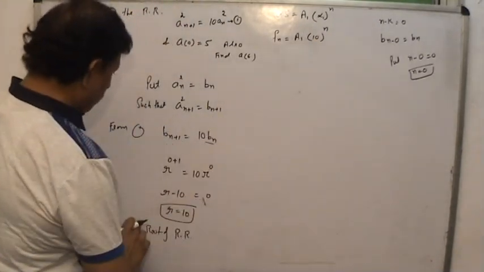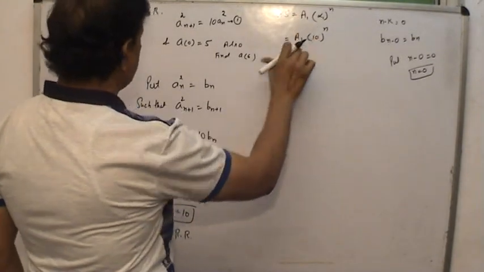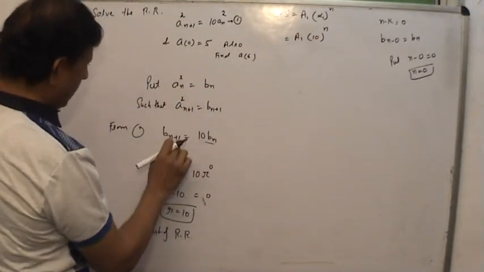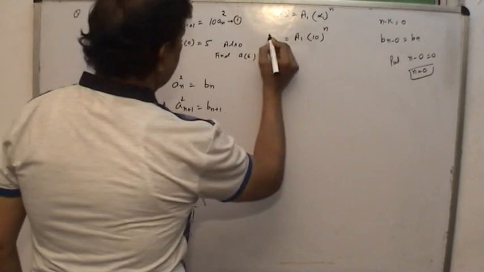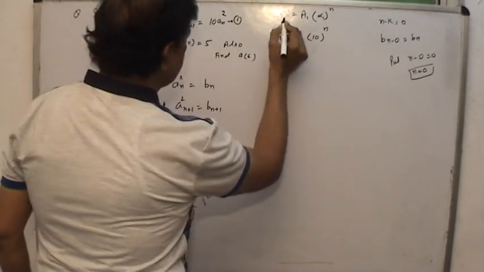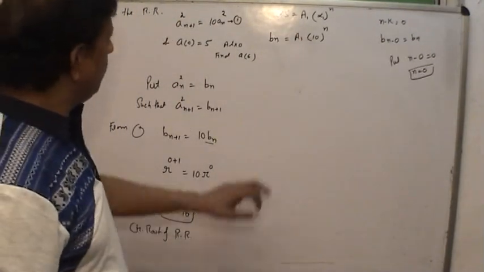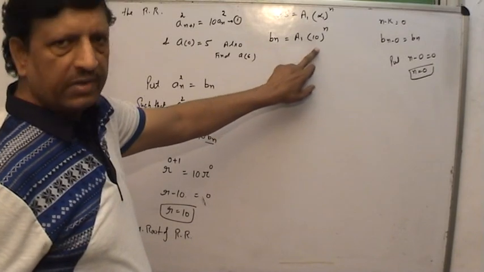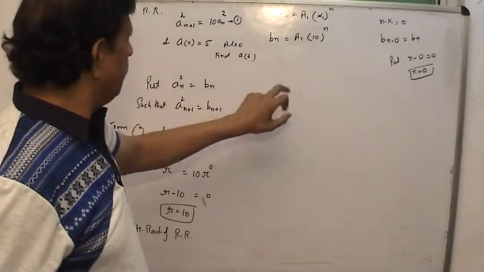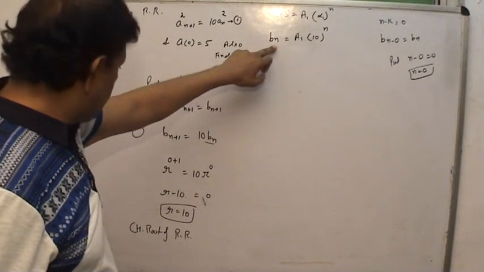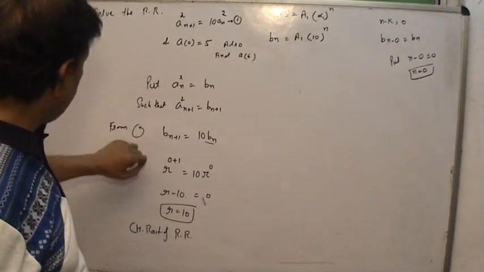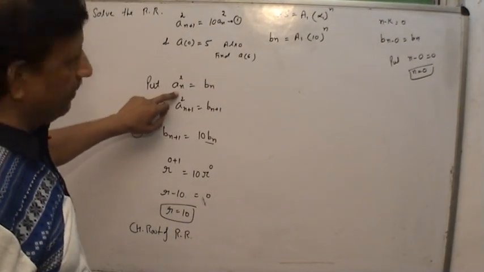Now here for fn we have the terms an, and an replaced by bn. It means we write the general solution as bn is equal to a1 10 raised to the power n, because bn is the replacement of the term a square n.